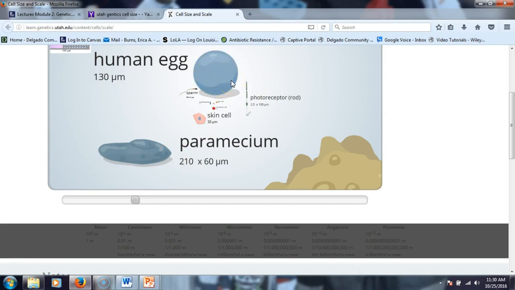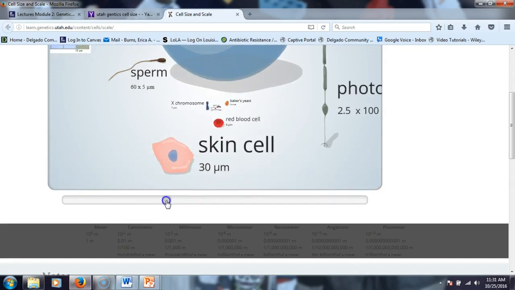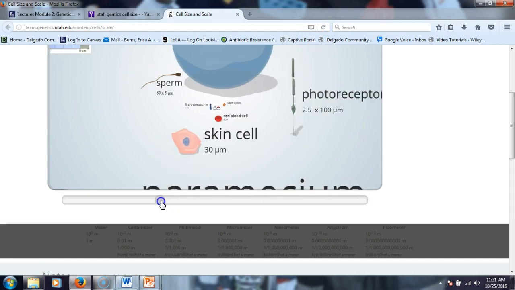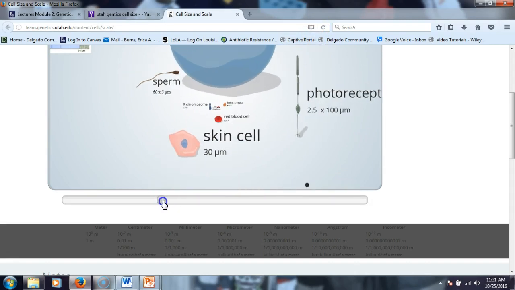because it makes all the organelles and everything for the growing embryo. That's about 130 micrometers. And then look at this poor little sperm down here, just mobile DNA. He's longer than he is wide. Here we have a really large structure in our eyes, the photoreceptors.